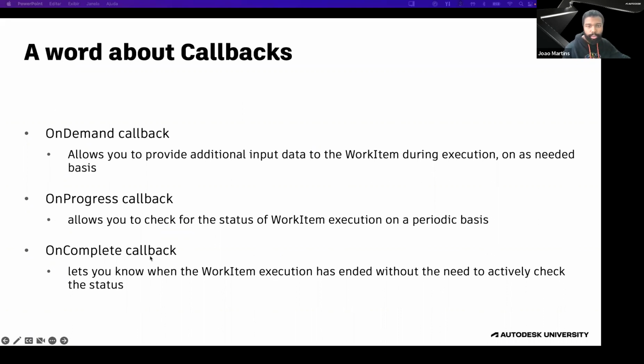This message will contain the status of the execution, if it succeeded or failed, the log that was generated for this execution, and the times that it was enqueued, the time it started downloading the input, and the time it uploaded the output files. All right, it's really useful, and it's better than polling the work item ID to see what's going on.